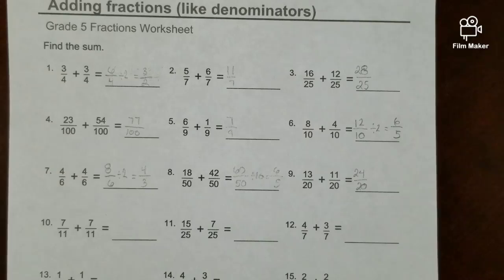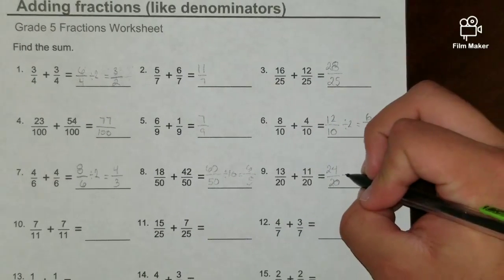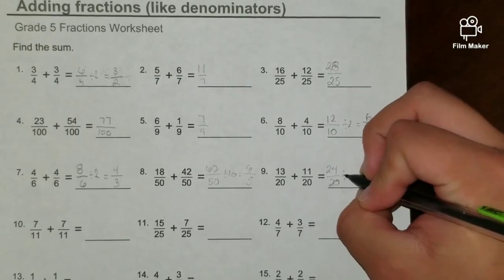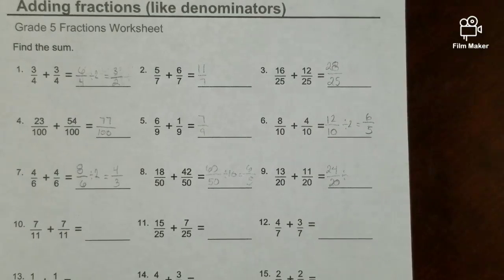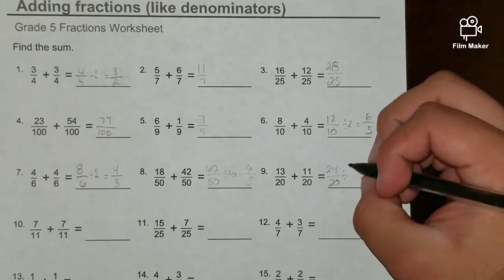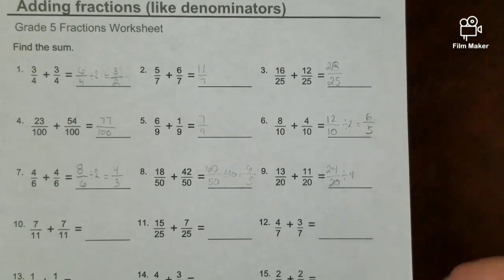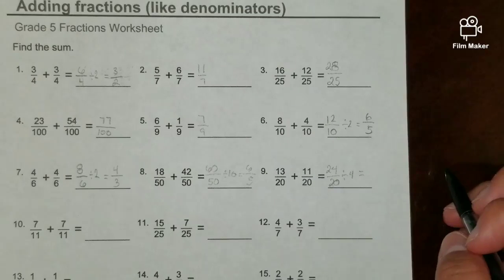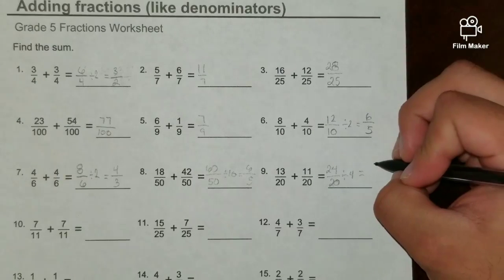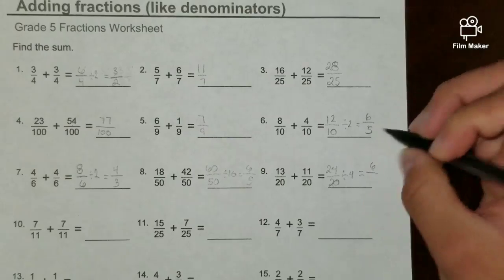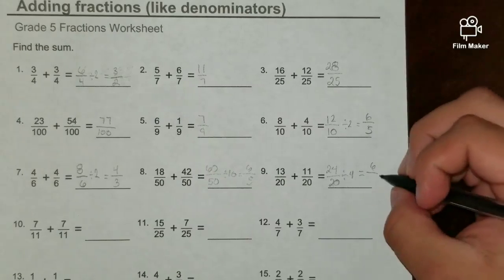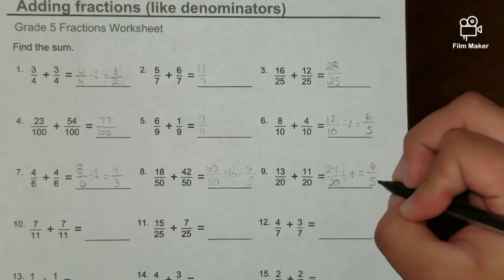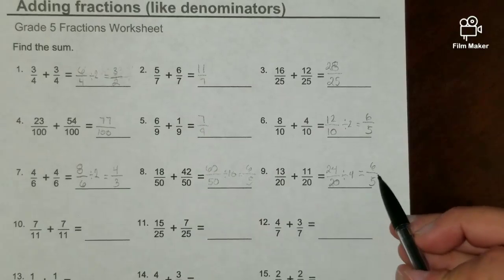And since both of these are factorable, since they're even numbers, we can divide them by one common factor that both of these numbers share, which would be 4. So 4 goes into 24 how many times? 6. And 4 goes into 20 5 times. So our final answer would be 6/5.